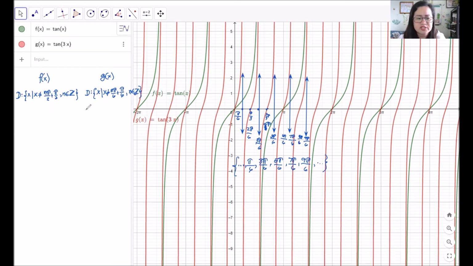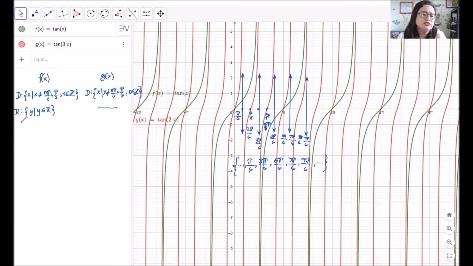Or we can also say the domain is the set of all x's such that x is not equal to n pi over 6, where n is an odd number. What about the range? There's no significant change in the range, since we still have the set of real numbers for the range in both graphs.